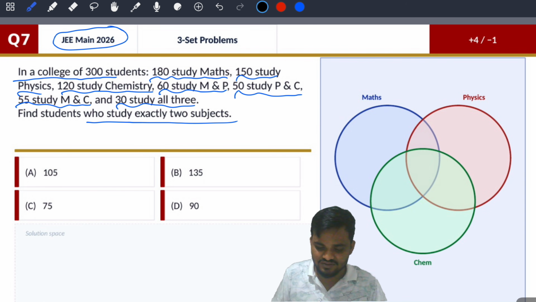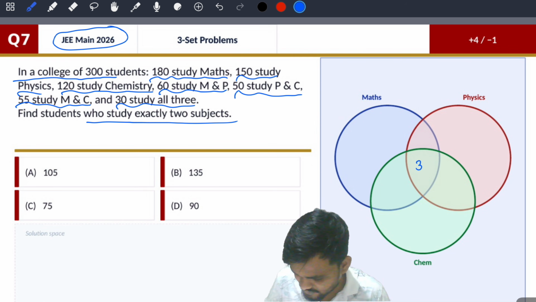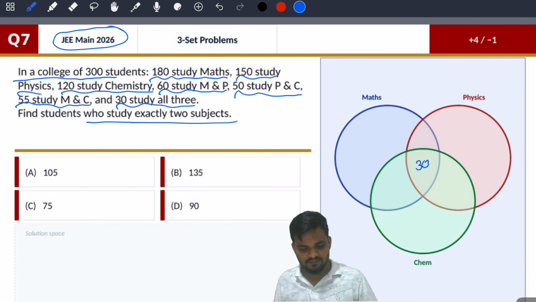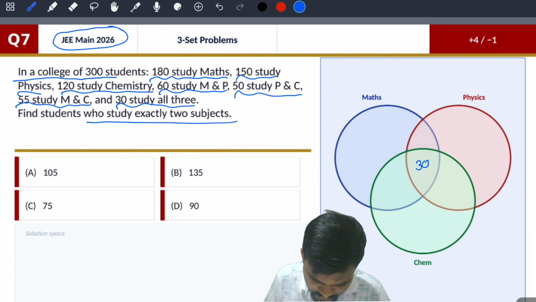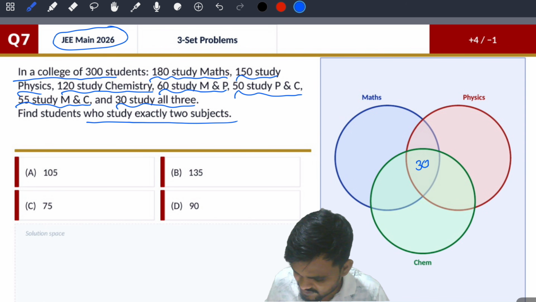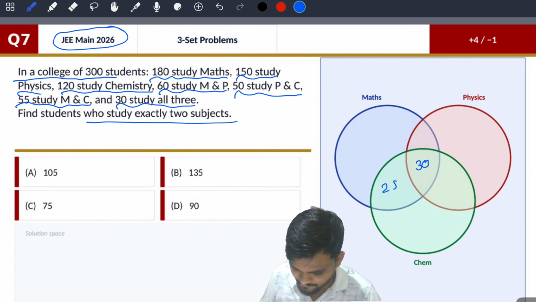First fill the innermost, and go from the data end to first. 30 students pass in all three subjects. Okay, 30. Then 55 study math and chemistry. Math, chemistry, 55. So 55 minus 30 becomes 25.